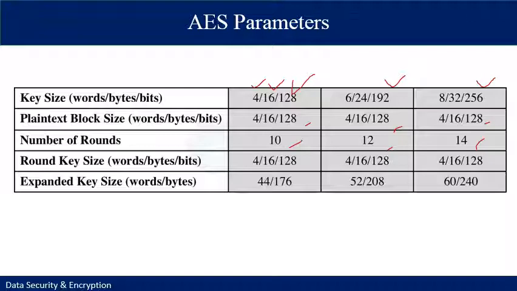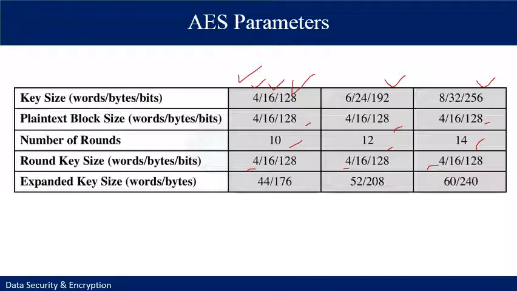Then for each round the key size is similar to the key size of our AES encryption algorithm, except that the word size is the same for all the encryption algorithms.